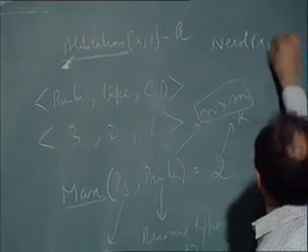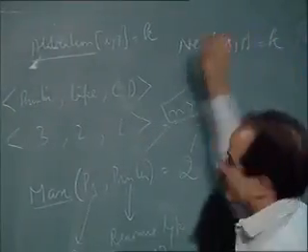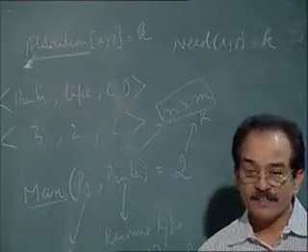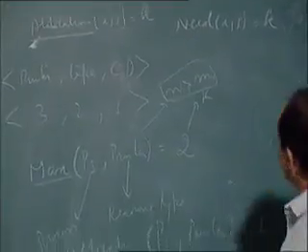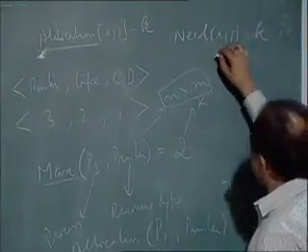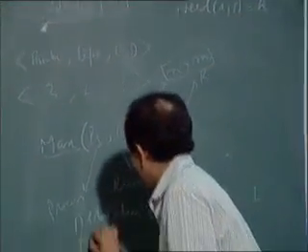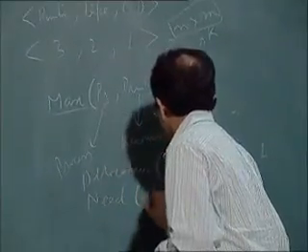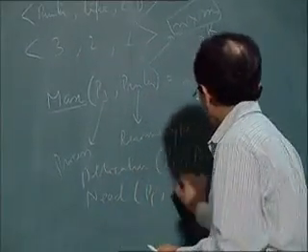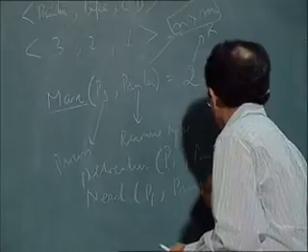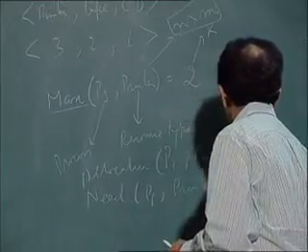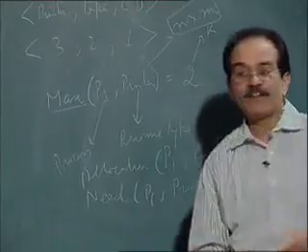Need[i][j] is equal to k. What does it mean? Let us say Need for P 1 and printer is 1. What does it mean?